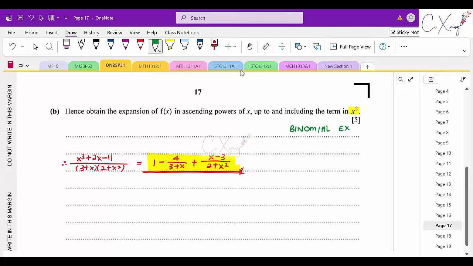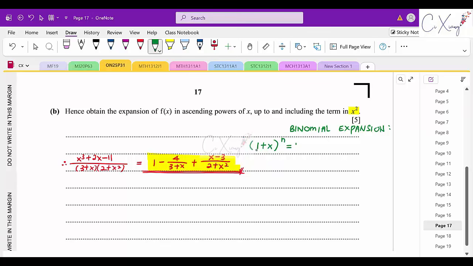Binomial expansion. To apply the binomial expansion in the A2 syllabus, our power can be a positive or negative rational number, right? Then to apply this binomial expansion formula, I have to make sure that my first term in the bracket starts with a 1. It must be a 1. And then power n.